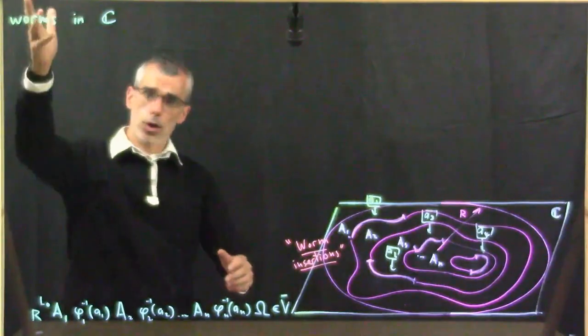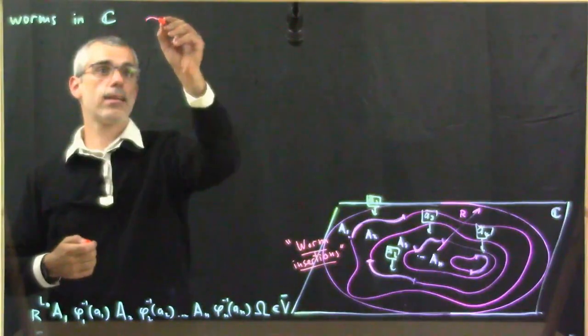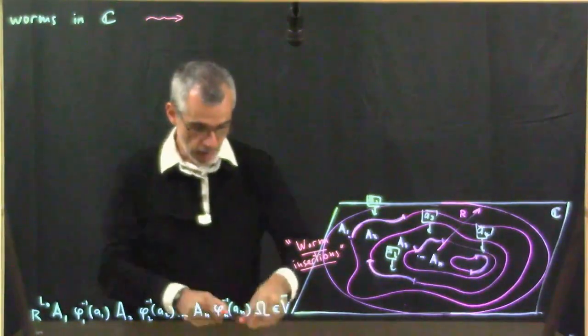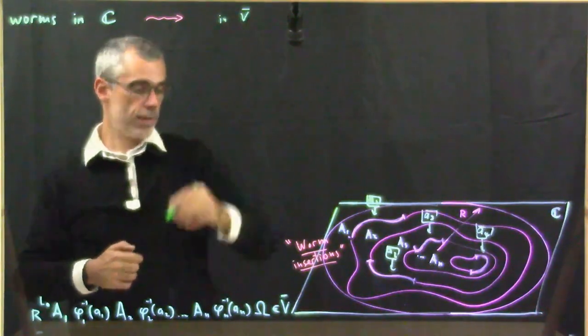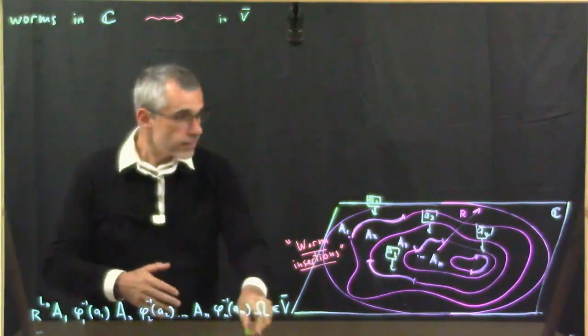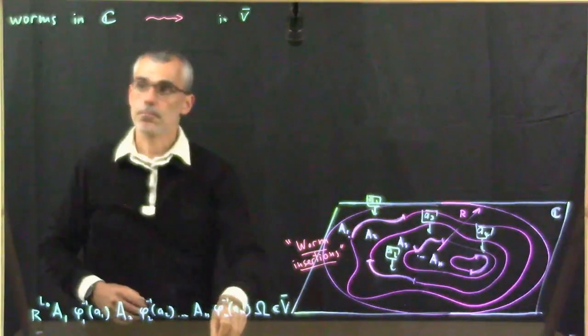So if I have worms in C, then we have seen that what we get is an element of V bar. But say that the worms are all contained inside the unit disk.